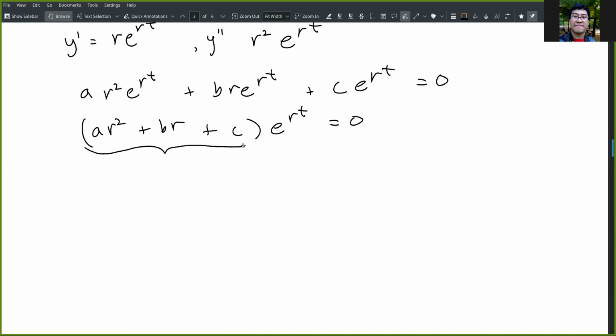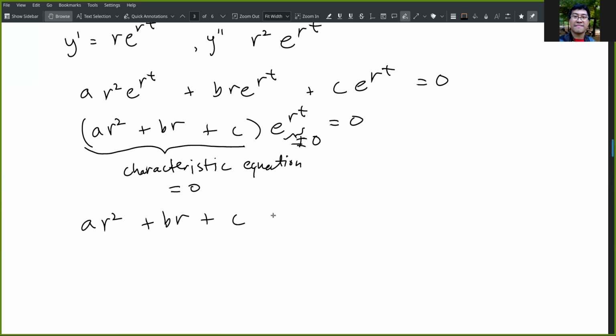This here is our characteristic equation of this differential equation. And since e^(rt) is not equal to 0, this characteristic equation should be equal to 0, that is, a r squared plus b r plus c equals 0.